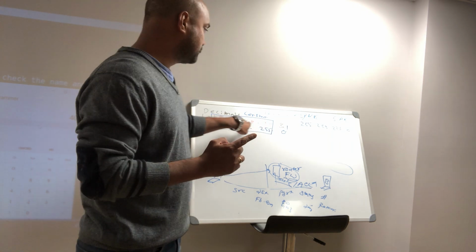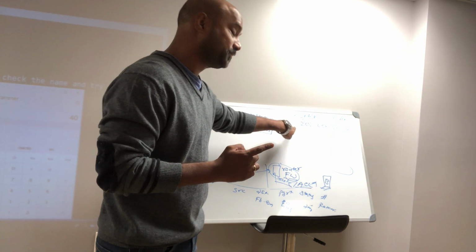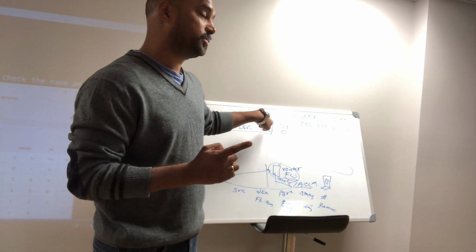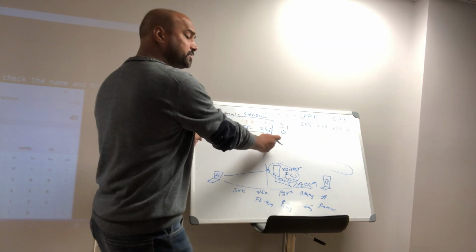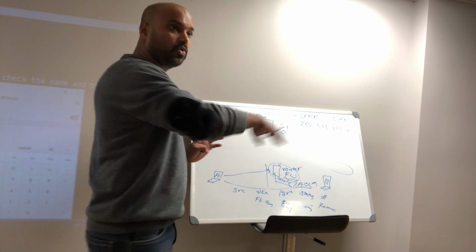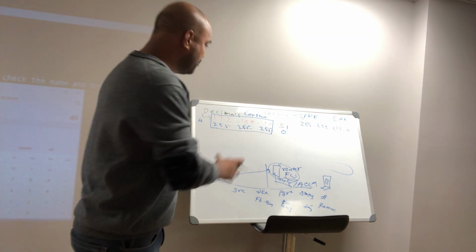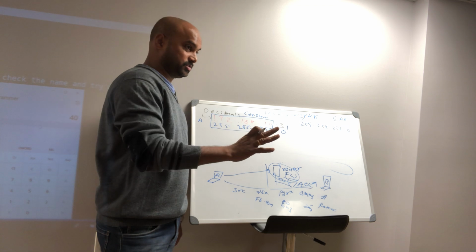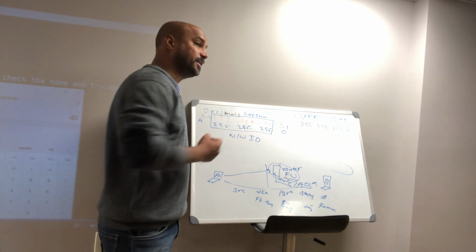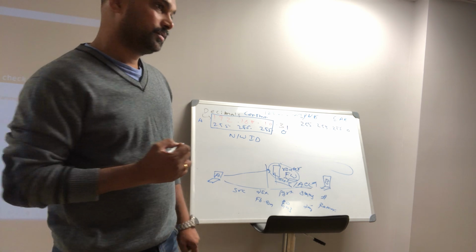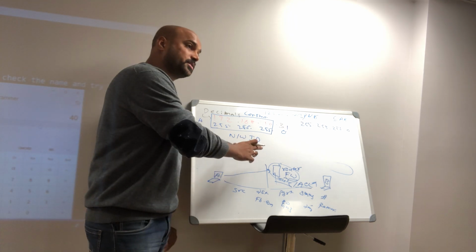We said 192.168.10.something, 10.10, 10.20, 10.220 or something. But the first part is always constant. That means all these devices in the network will always have this first part as a constant. So this part is the network ID, the network representation.